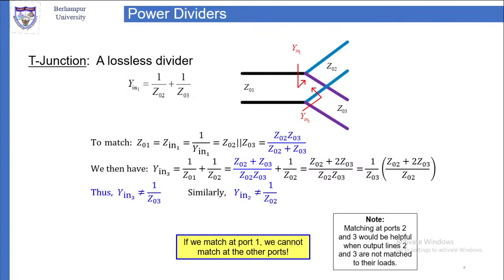This is a T junction transmission line. Assume that we have a lossless divider. At the junction, there is no loss. If there is no loss at the junction, the divided lines which have characteristic impedances Z02 and Z03 are connected at one point to the first line of characteristic impedance Z01.